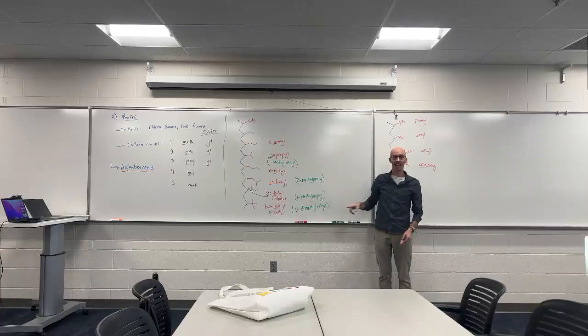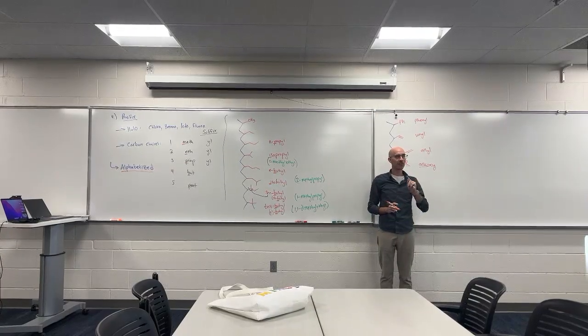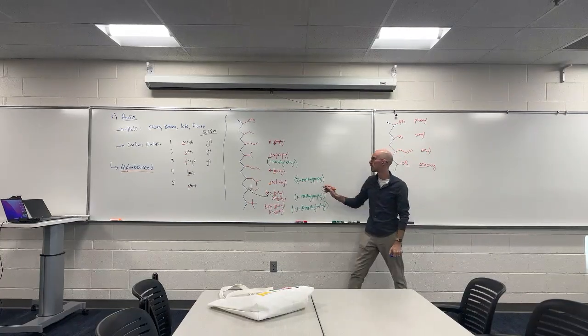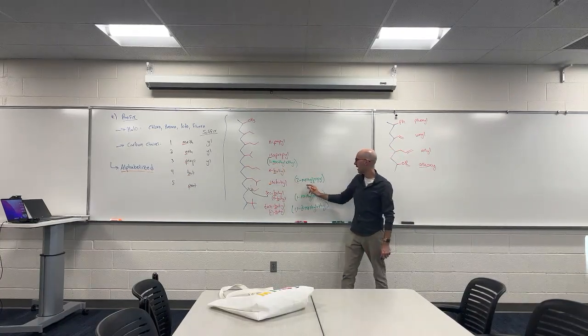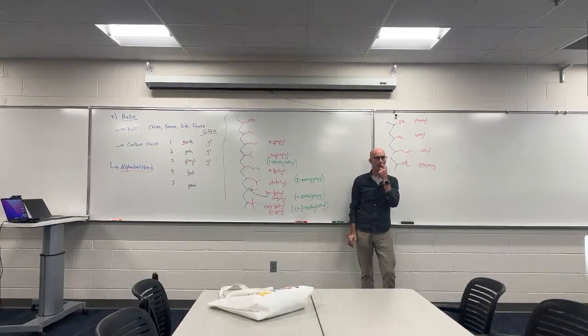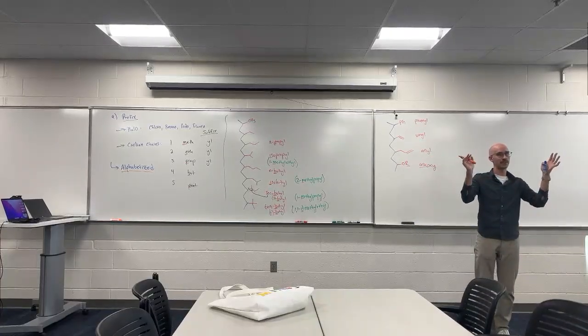Systematic names, inside the parentheses, you multiply by whatever letter comes first. M, M, M, D. If you have a substituted substituent, you just alphabetize it by the first letter.